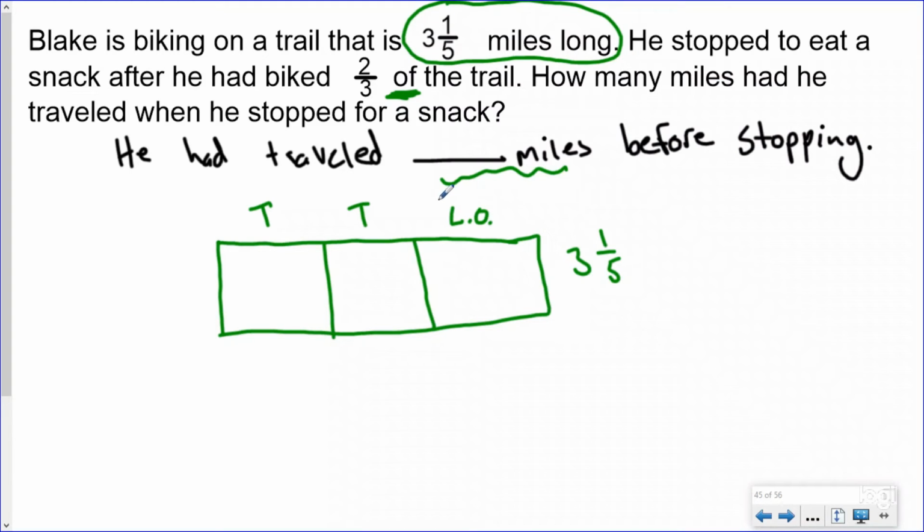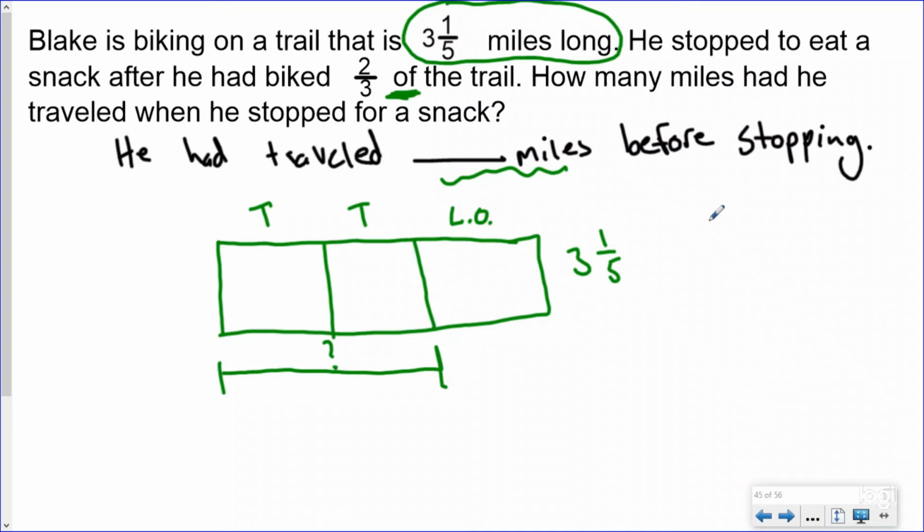Now, from here, they could ask you two questions, which is always why we label our tape diagram. They might ask you, how many miles does he have left? Or they could ask you how many miles he had traveled. That is why it's important to write your statement. And I see here that they're asking me for how many miles I traveled. So right here will be my question mark.